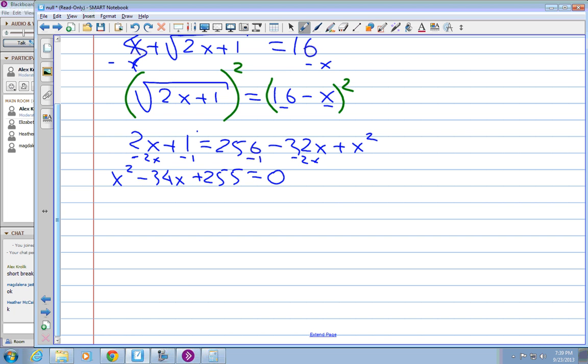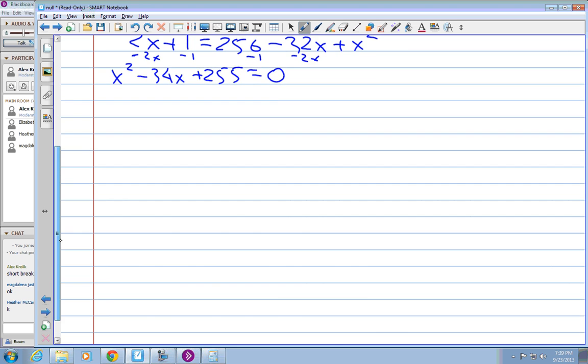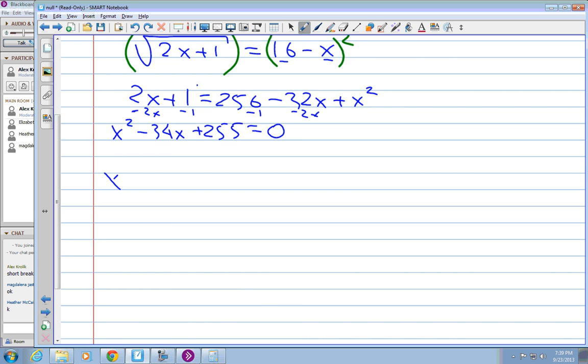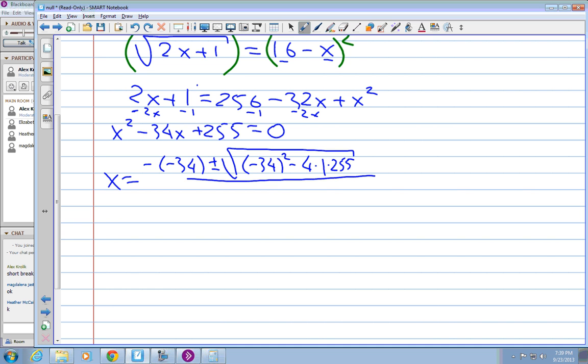So that is a nasty quadratic. I don't think you can factor that one, so we're going to use the quadratic formula to solve this. So x is negative b, so it's negative of negative 34, plus or minus the square root of negative 34 squared minus 4 times 1 times 255, all over 2 times 1.